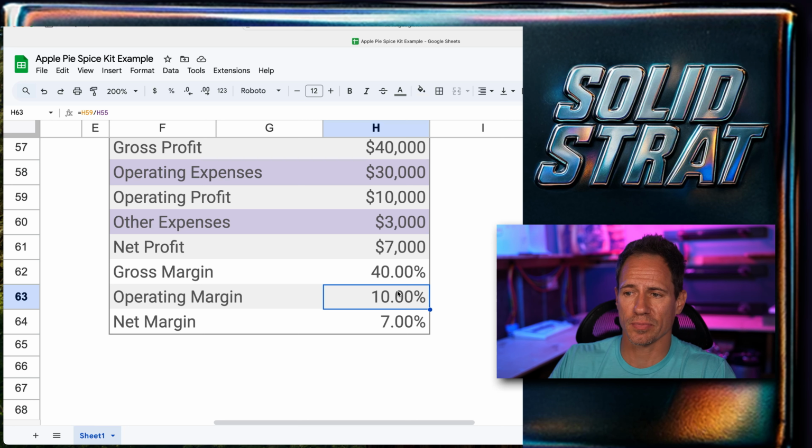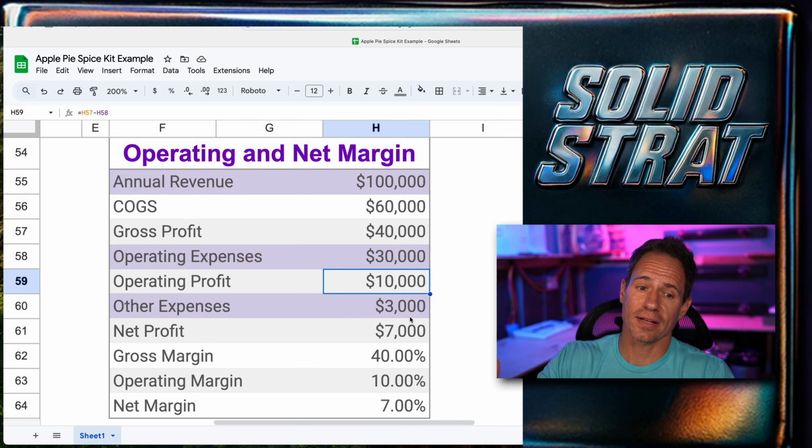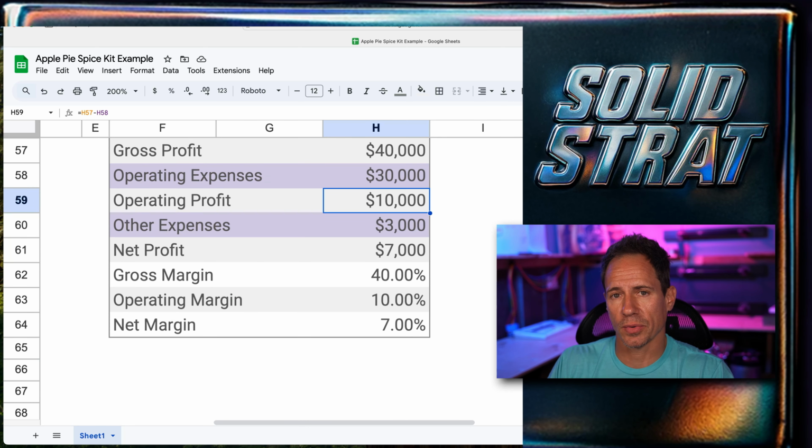You're spending too much money on other stuff beyond that product. So you either need to increase your volume, increase your margin, or reduce your operating expenses. In this case, though, we have $10,000 in operating profit, which isn't bad for a business that only did $100,000 in sales. Though we're not done yet, there are more expenses that we have to consider, and that's what we'll look at to calculate the net profit margin.